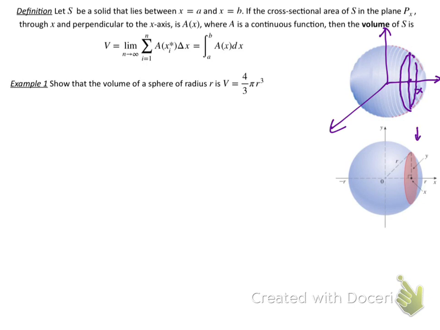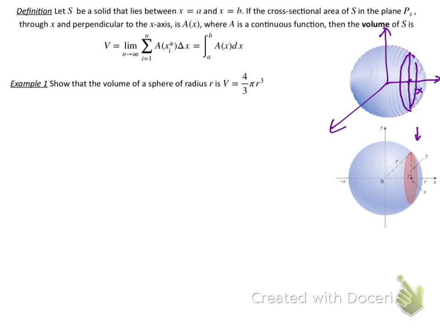So at an x value, you have a circle, and the circle has area pi r squared. Then the area of this red region, which is a circle, is our integrand. We put it in the integral.